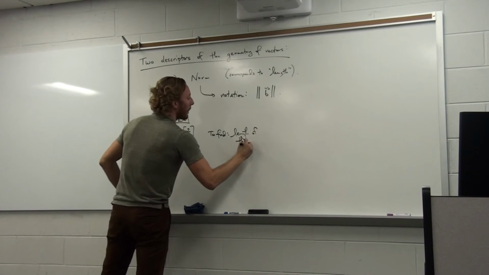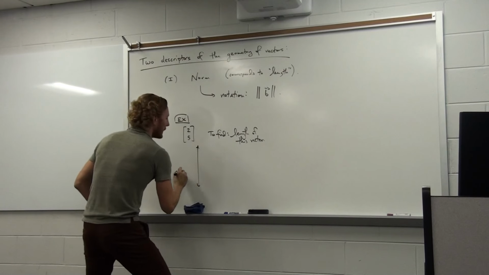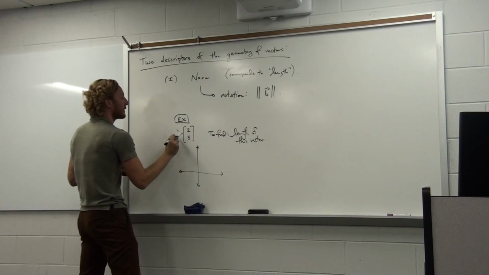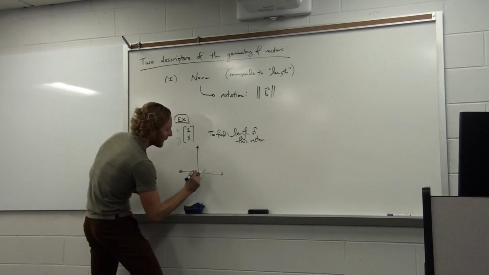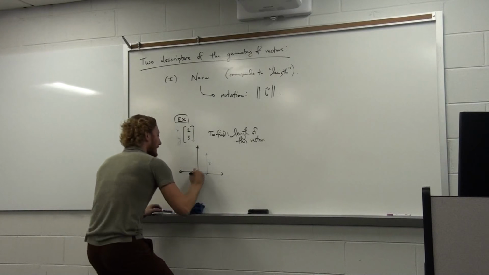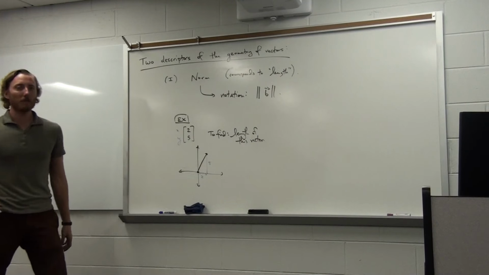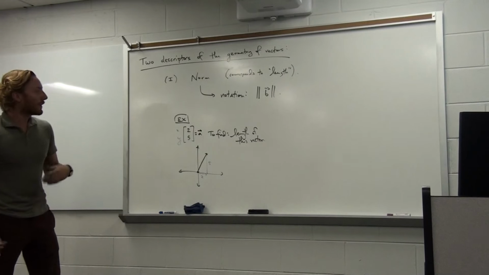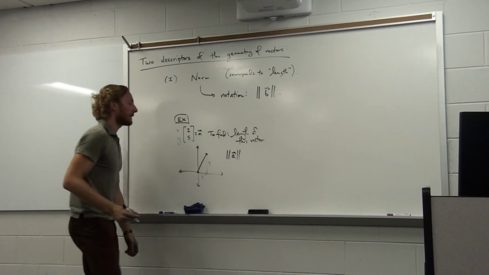What does this vector look like? Well, as you know, the first entry corresponds to the x position and the second to the y. So 2 units to the right, 5 units up. There is a vector there. We could call that vector by whatever name we wanted. In this case, let's just call this vector A. So we want to find the length of vector A.